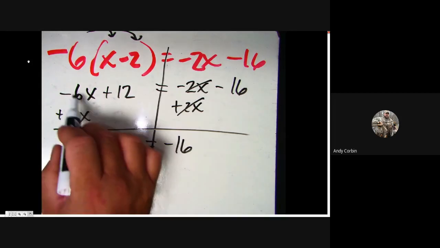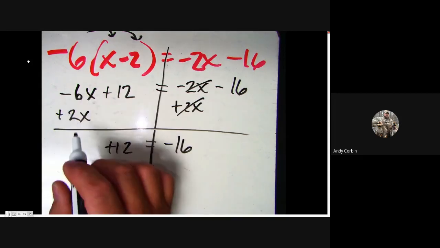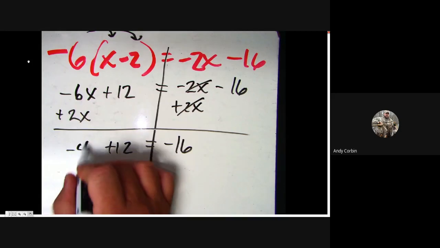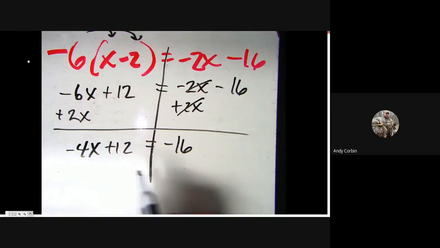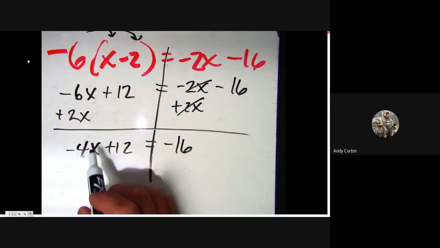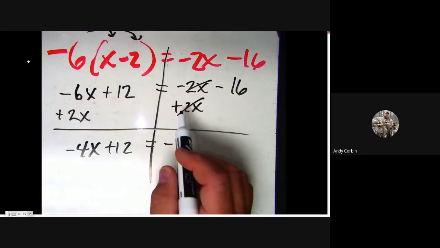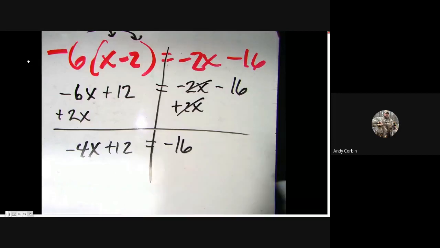And then signs are different here, so we subtract, keep the sign of the larger, so that's going to be negative 4x. Now, this is not going to cause me a lot of grief here, but if I would have added 6x to both sides, I would have ended up without a negative coefficient on the x. But this isn't a big deal, okay?